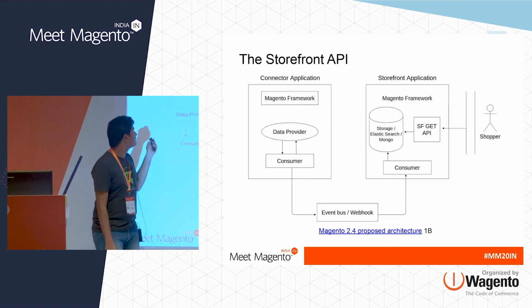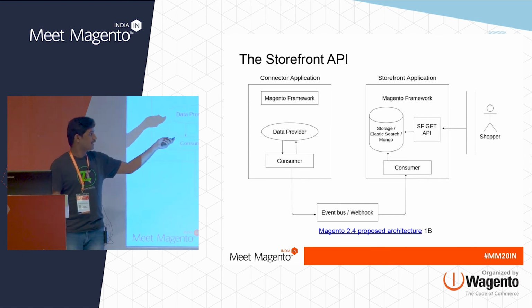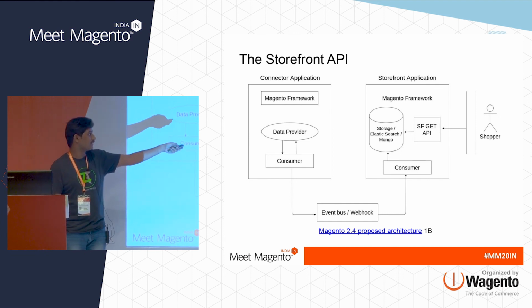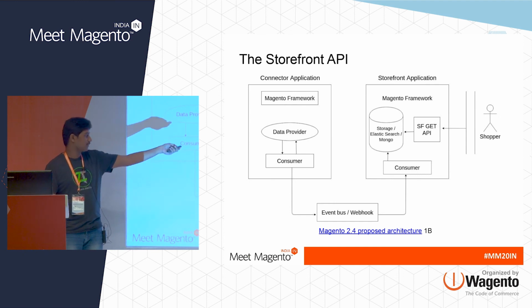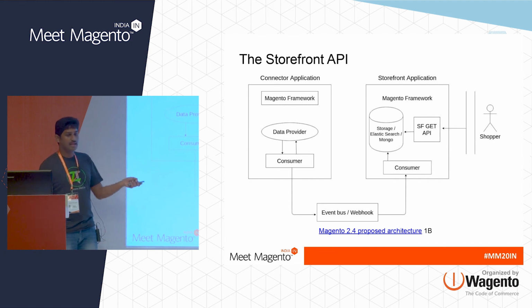Then you will see this is the same connector application as before. You will have the same event bus, and this is the storefront application. You will have MongoDB or Elasticsearch storage, and you will hit this application with the shopper, and you will get data from your MongoDB, which gets data from your connector application.